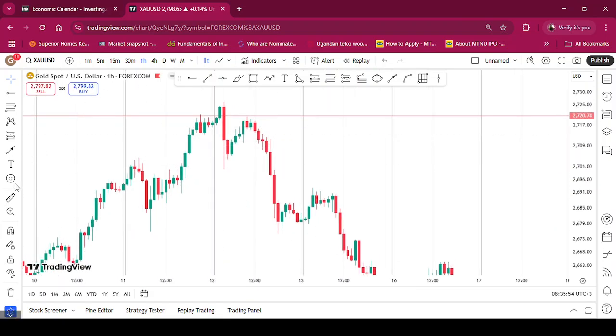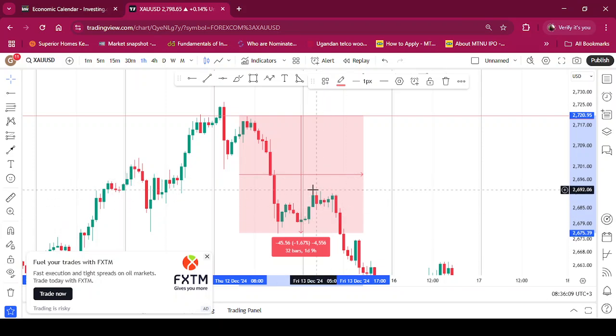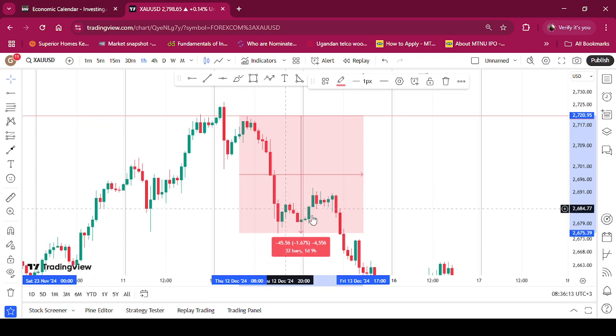But if I use the same thing around here, from this high to this low, the market did not get into a 50%. So it's going to be hard for me to trust this as anything close to an order block, because it didn't achieve its maximum retracement level before continuing downwards.